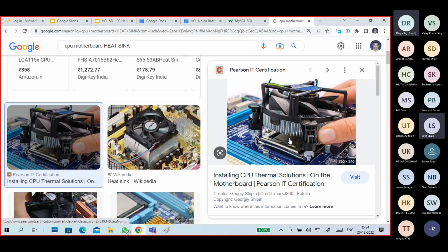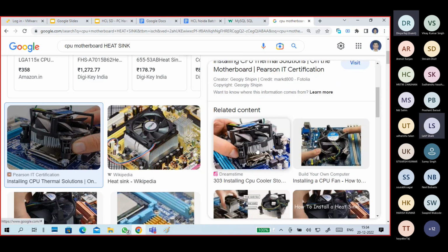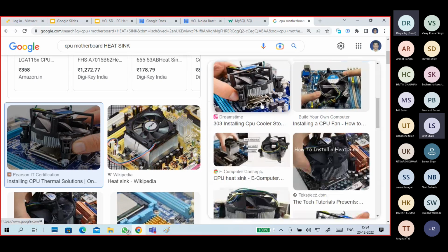What is the use of this heat sink? The processor gets heated while it is running. If it becomes overheated, the processor will be damaged, and the processor is the costliest part anyway. So what does the heat sink do?